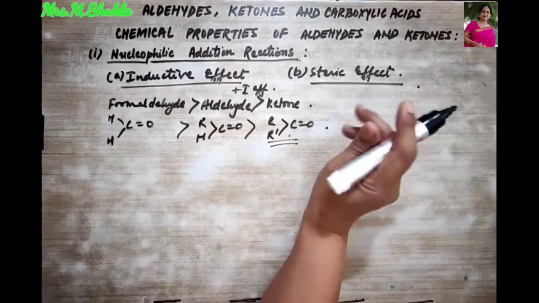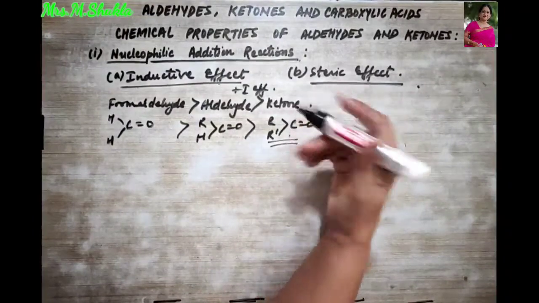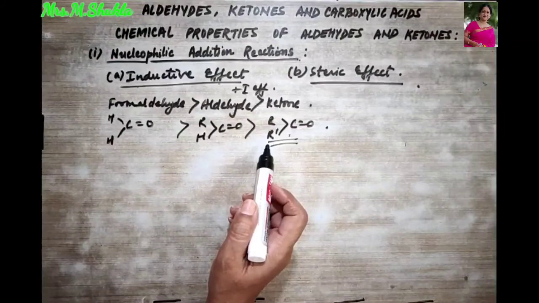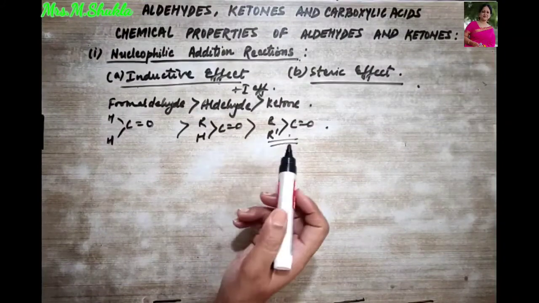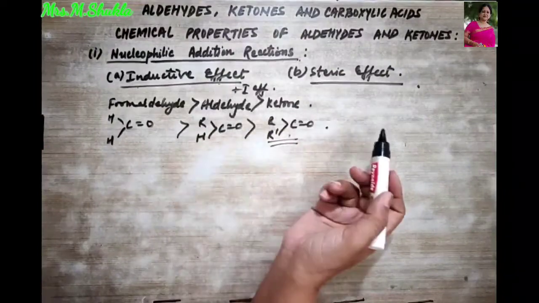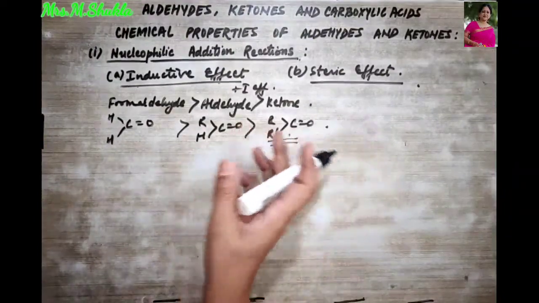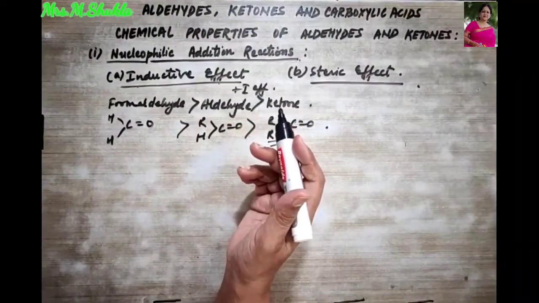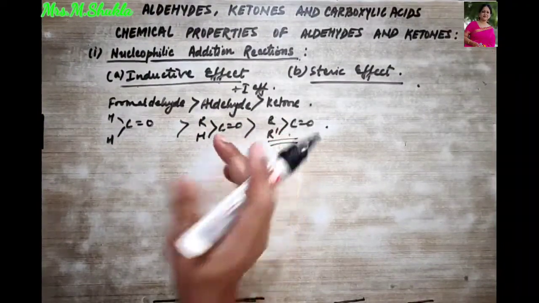Now let's talk about steric effect. As the number of alkyl groups attached to the carbonyl carbon increases, the attack of the nucleophile on the carbonyl group becomes more and more difficult. Why? Due to steric hindrance of the alkyl groups.